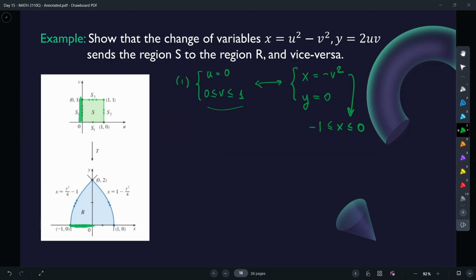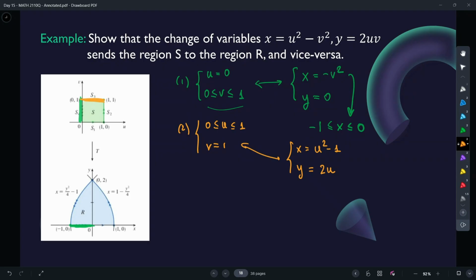Let's do another one. I'm going to pick now this side over here, 2. That is the side that v is exactly 1, and u is going from 0 to 1. And let's see where that one goes through the transformation. If I pick v is 1, then x is u squared minus 1, and y is 2u.